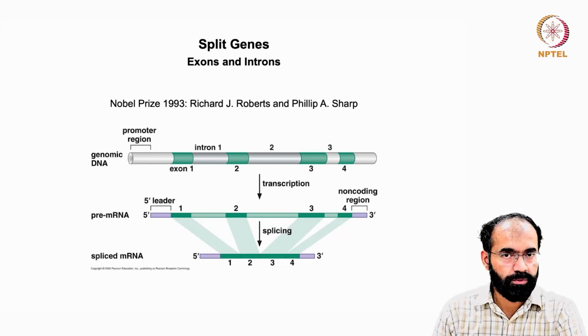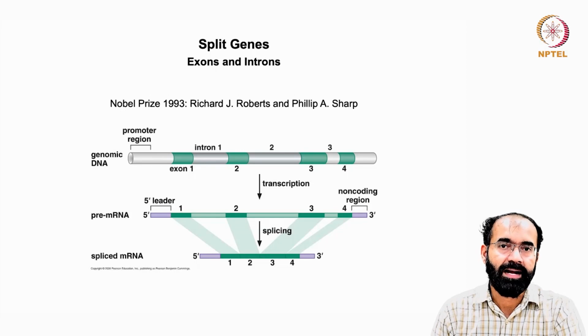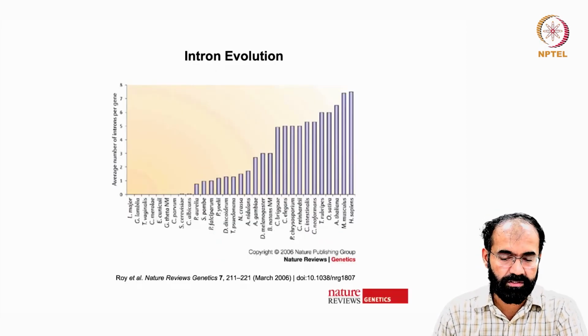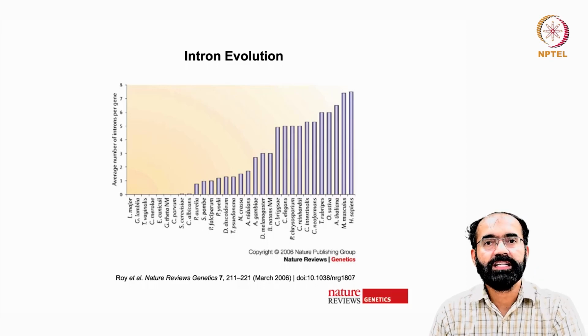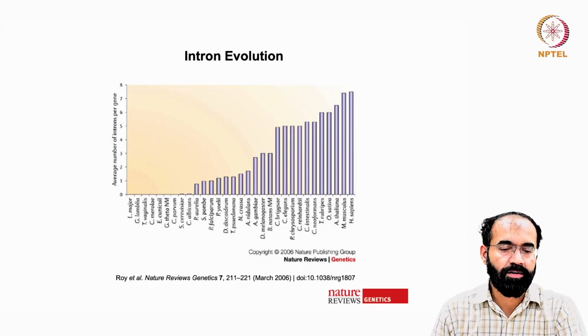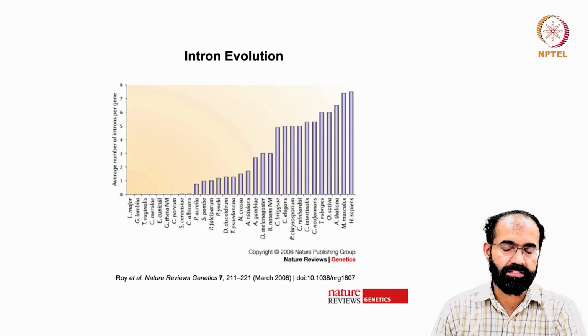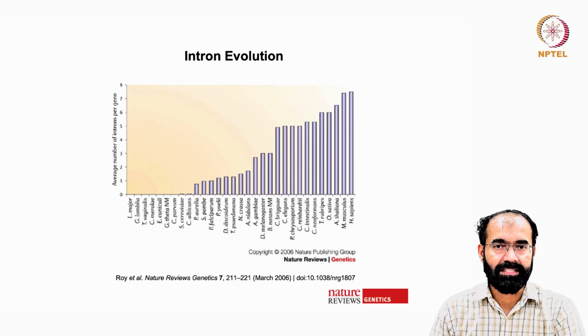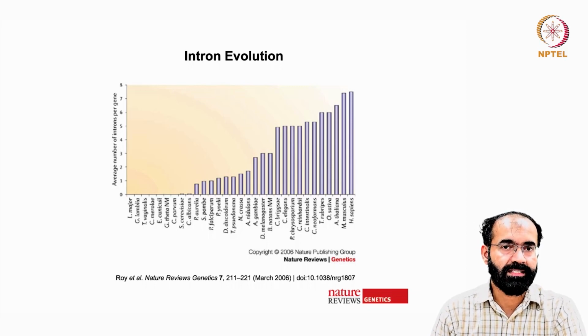Before going in that direction, we will try to follow the evolution of introns. Intron evolution is a very interesting topic because, as the name itself indicates, an intron is an intervening region or an intruder sequence, introduced as a nuisance at first appearance, but the actual truth is it is not a nuisance.